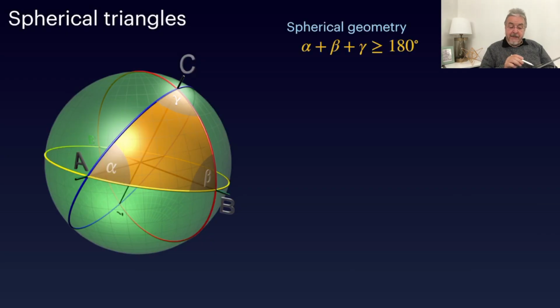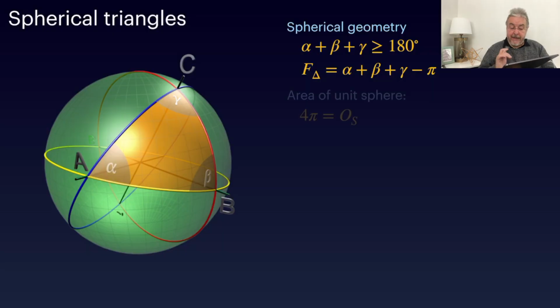And what happens here is that the sum of the angles will always be bigger than 180 degrees, and you can define something like the angle excess, which is the number that you get if you subtract pi from this number that is bigger than pi, and actually this measures the area of a triangle on the sphere in the same sense as the angle defect measured the area of a triangle in the hyperbolic space.